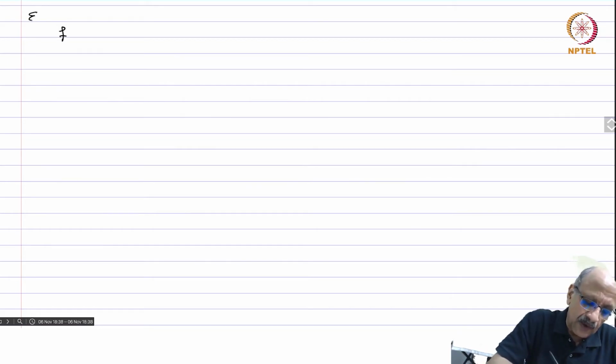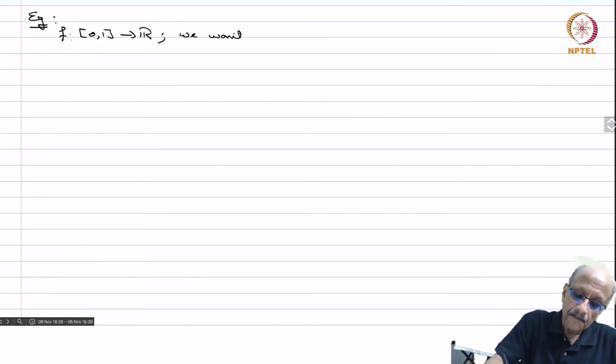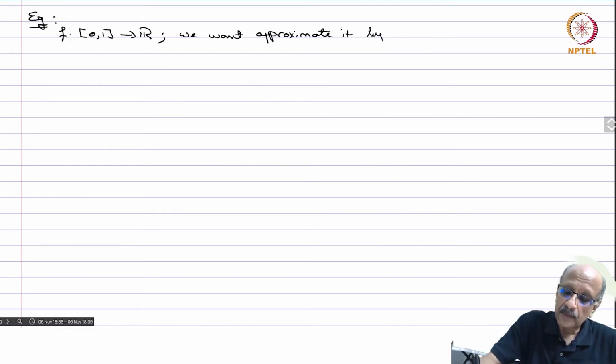Okay, so what is the use of these orthogonal matrices? They are very useful. Let us give an example. Suppose I have a function f which is continuous from [0, 1] to R. Then we want to approximate it by a polynomial.